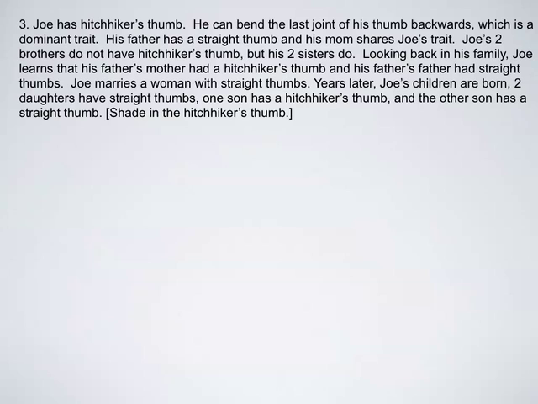Tanya, what symbol does Joe get? Joe gets a colored in square. Colored in square. All right. His father has a straight thumb, and his mom shares Joe's trait.